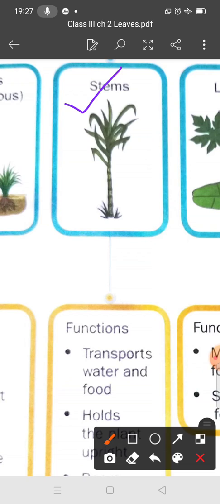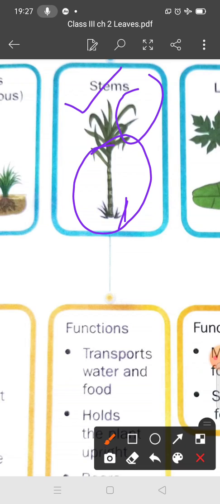First of all, the stem transports the water from the roots to the leaves, and it also carries food prepared by the leaves to different parts of the plant. There are two functions.